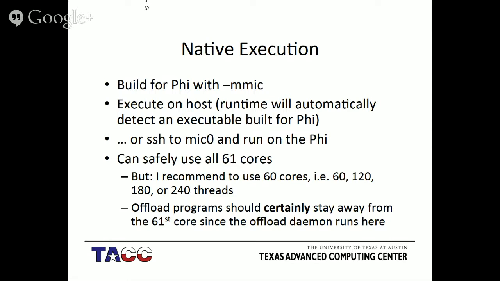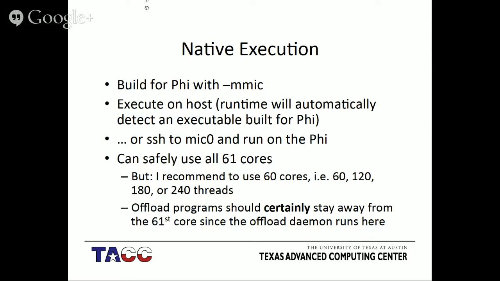The mic has 61 cores. It would be too much detail to go really into this. There are some programming models where you have to leave one core idle, and other programming models where you can use all the cores. So my recommendation to beginners is always think of 60 cores and multiples of 60 and leave one core idle regardless of what you are doing.